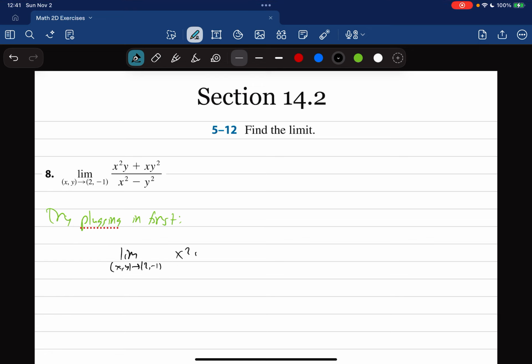And when we do this, we get, just give me one sec to copy the limit. We're going to get, just plugging in 2 for x and negative 1 for y, 2 squared times negative 1 plus 2 times negative 1 squared, all over 2 squared minus negative 1 squared.